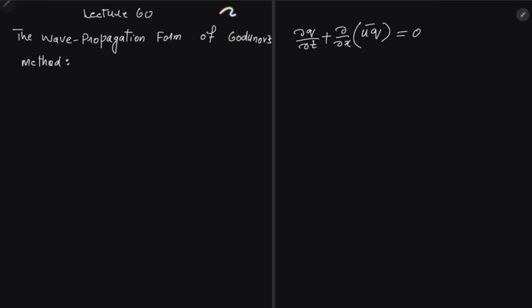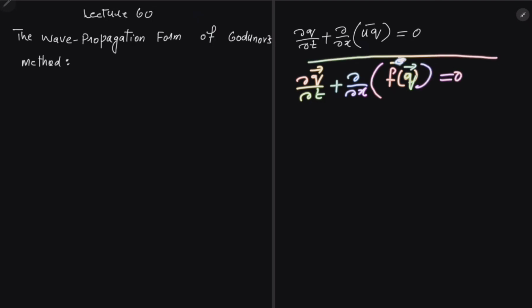Now suppose we have a vector equation, partial q by partial t plus partial by partial x of f, where q is a vector, equal to 0. Here this is the vector form.